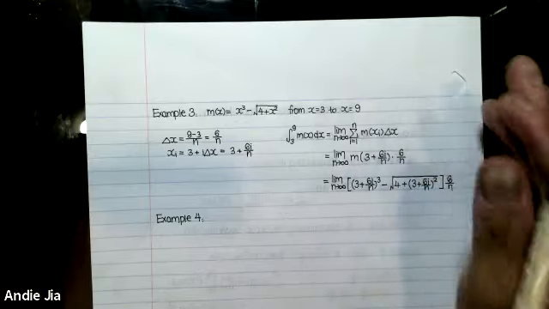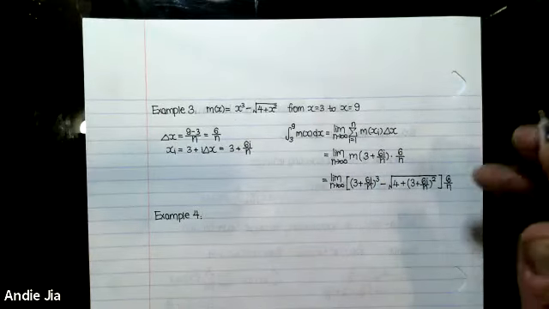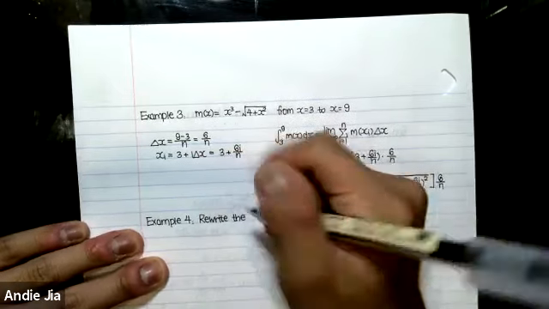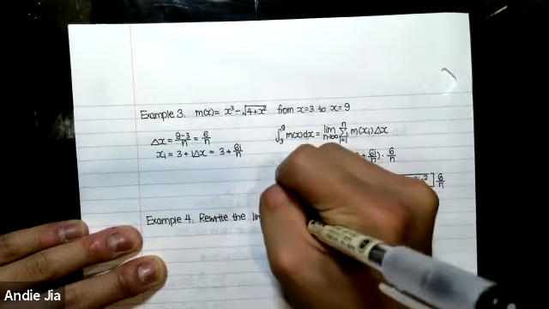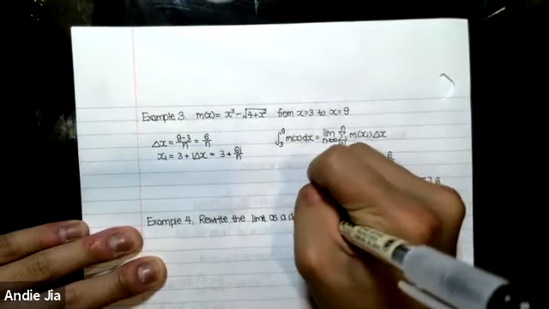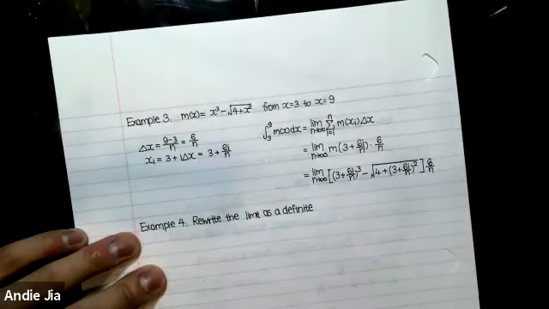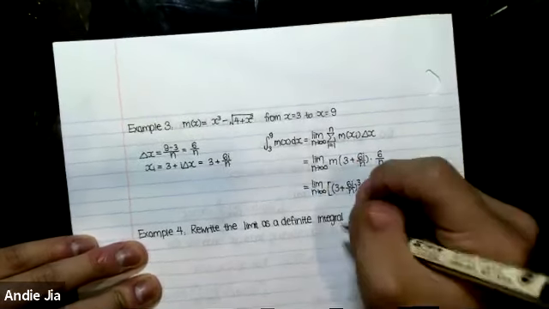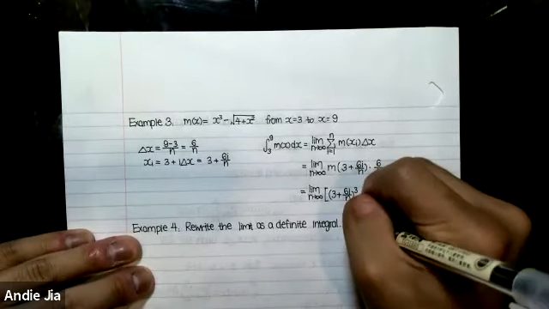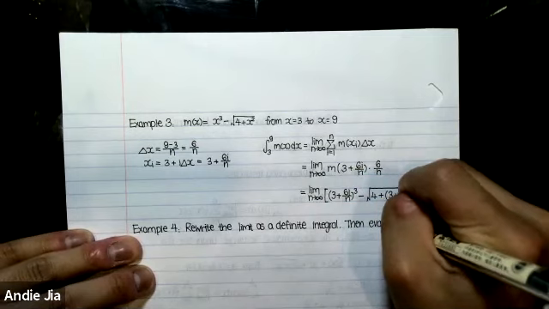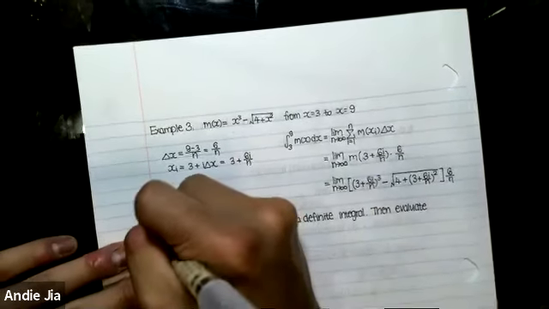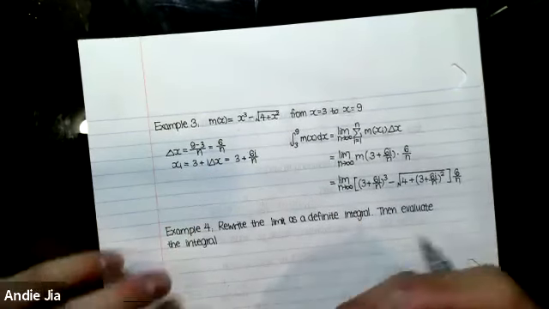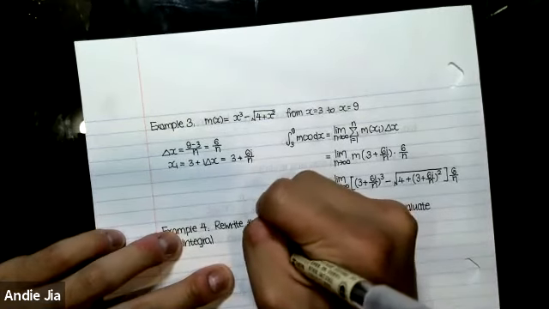Previously we had the function and we wrote the limit. Now we do the reverse. Then evaluate.